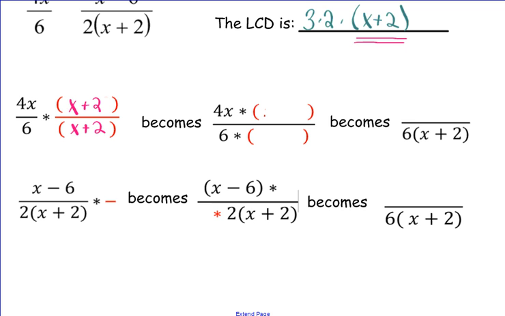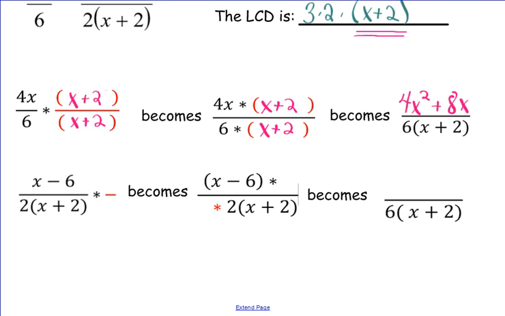Now, you know how I like to write everything all together, so this is going to be x plus 2 here. I'm going to leave the denominator in its factored form. I'm not going to multiply the denominator together. But I am going to multiply the numerator. So I get 4x squared plus 8x.